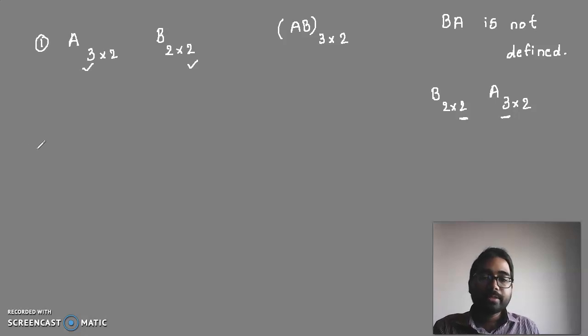And scenario 2 is, let's say A is a 3 by 2 matrix and B is a 2 by 3 matrix. So now AB and BA both will be defined.